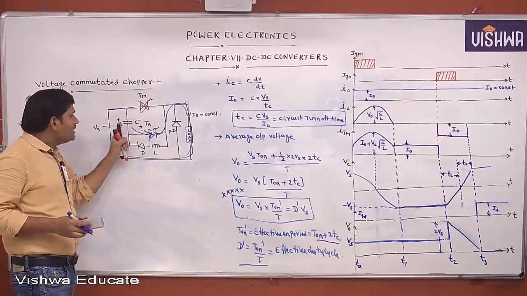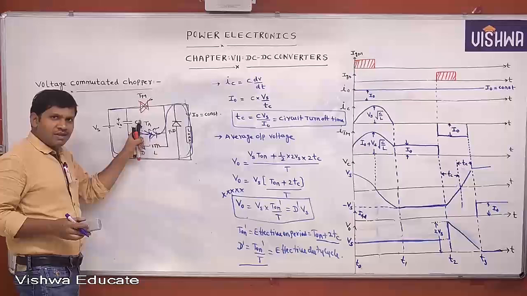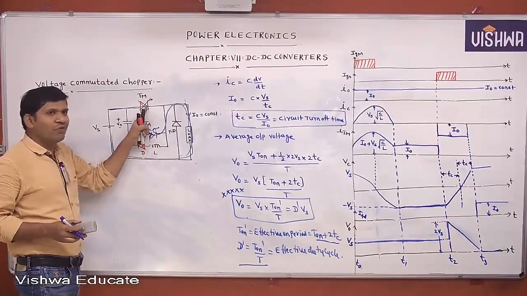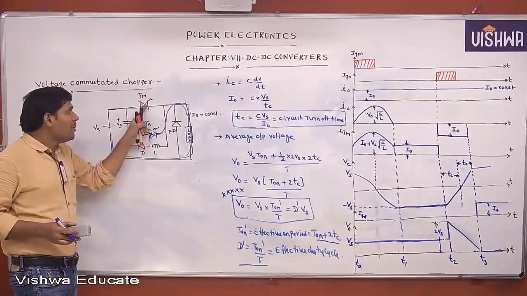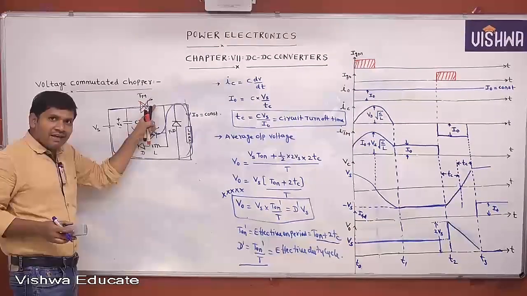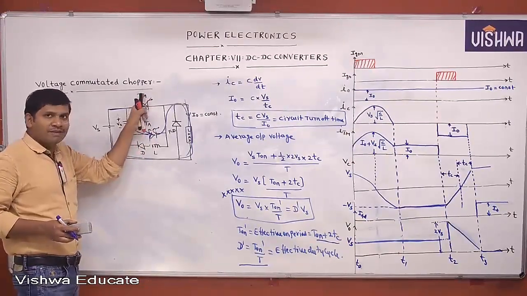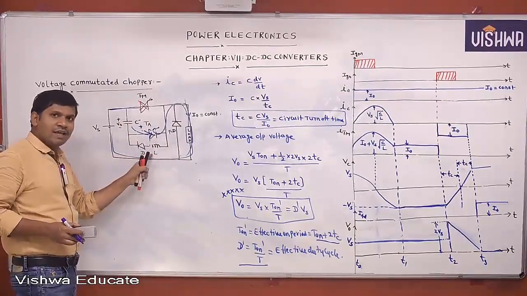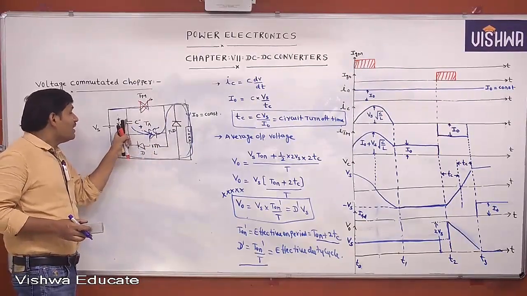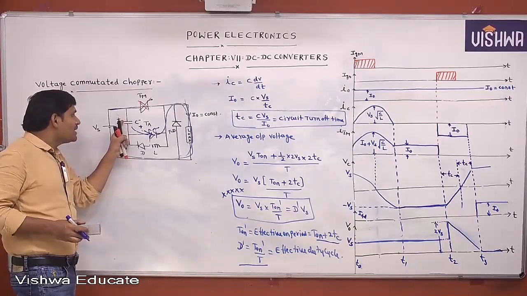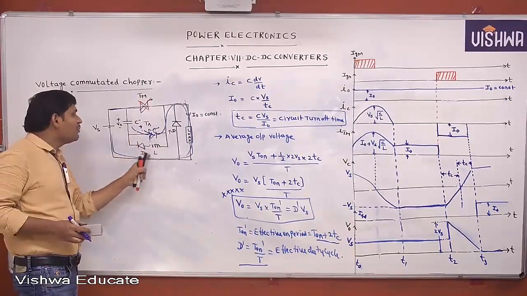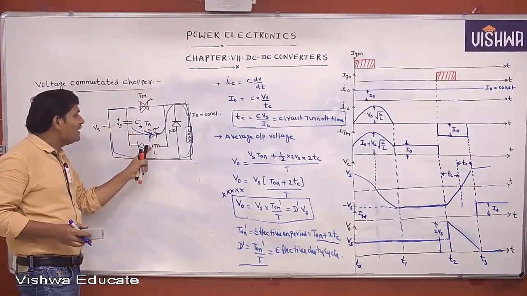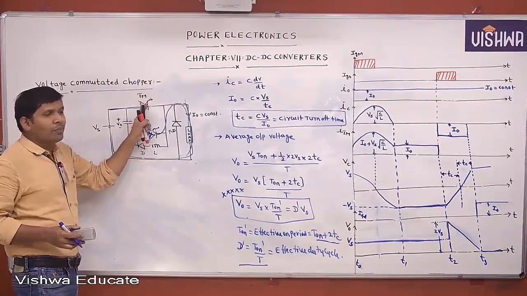After changing from plus Vs to minus Vs, if the auxiliary thyristor is triggered at that instant, the main thyristor will be turned off. Whenever the capacitor polarity changes from plus Vs to minus Vs in this LC circuit, only the main thyristor will be on, that is, during the conduction of current in the LC circuit.